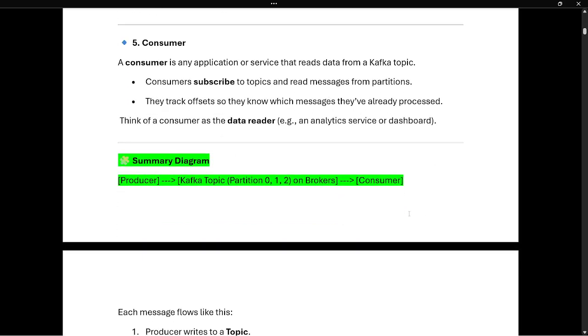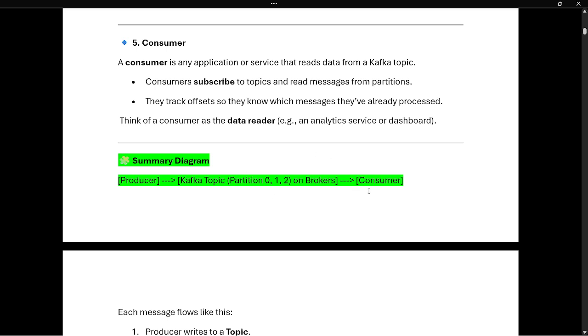So we'll understand it with the summary diagram. There is a producer which produces data to the Kafka topic, and each topic has different partitions, like partition zero, one, two, on a broker. These are all managed by a broker, which you can think of as a server. Then the consumer's work is to consume the data from the partitions under the topic. In simple terms, the producer produces the event or data to a Kafka topic, the topic's partitions are managed under a broker, and the broker is a server.